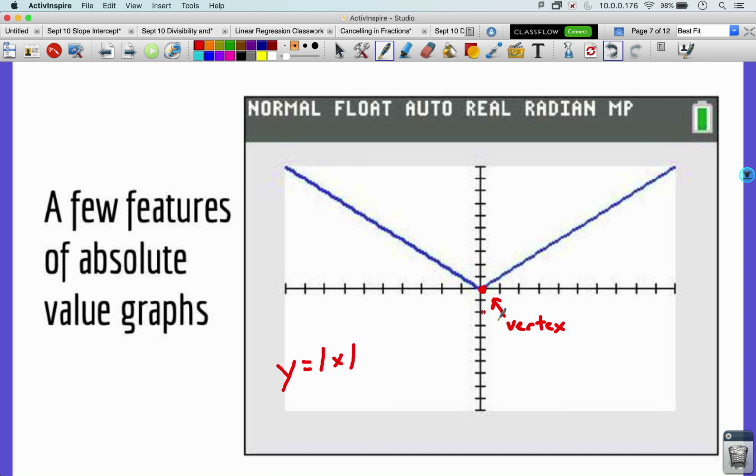We call this our parent function because it hasn't been shifted in any way. Right through the vertex, we can add in a dotted vertical line, and then label this our axis of symmetry. The axis of symmetry. And we'll label this our parent function.